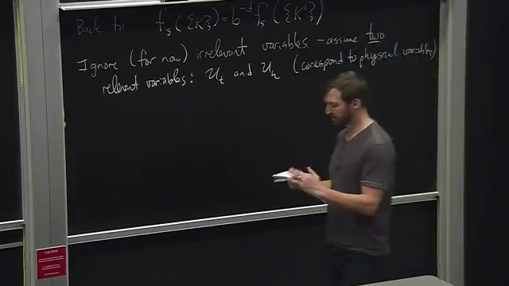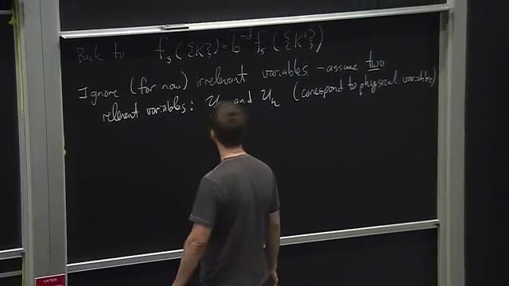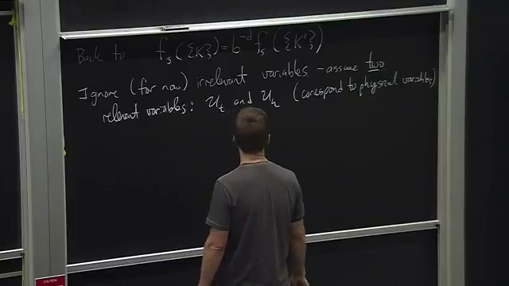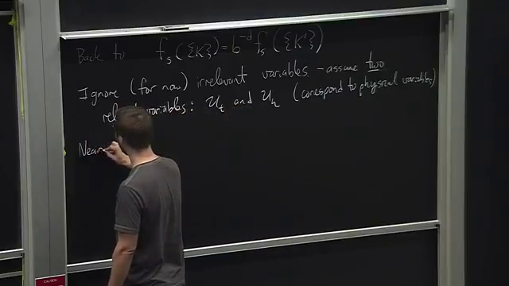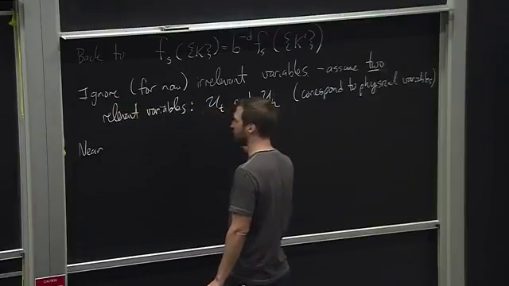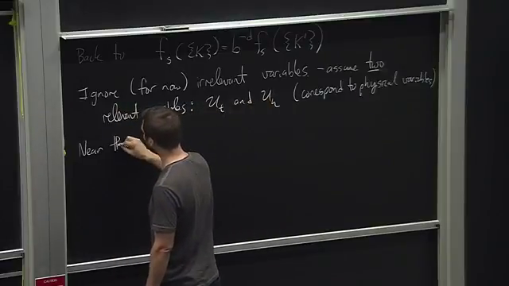Okay, so I'm going to write things generally in terms of U's, but by definition, reduced temperature, reduced field, near the critical point.